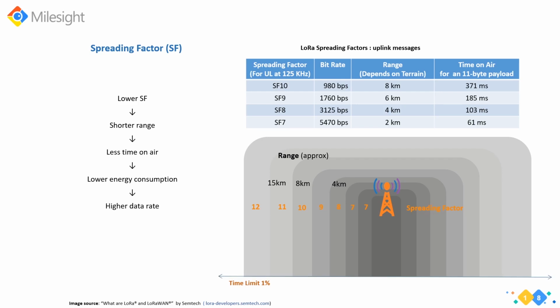This is just 1% of the total allowable time. This time limit is the duty cycle that applies in European countries, in the European region. Later we can discuss more about the duty cycle, but in order to maintain the whole network speed, there are duty cycle restrictions.